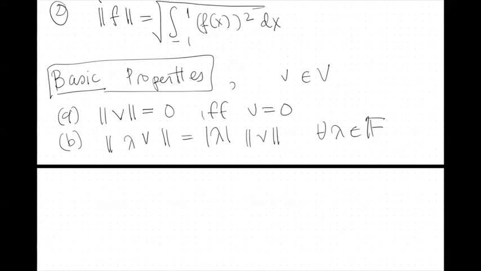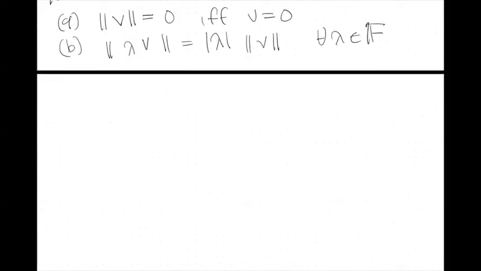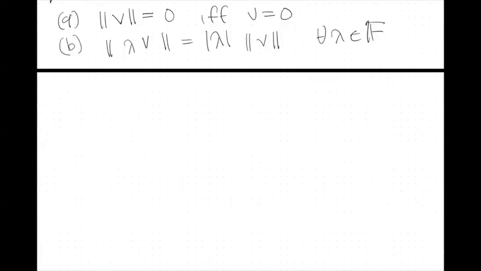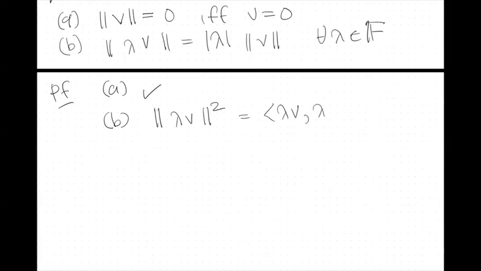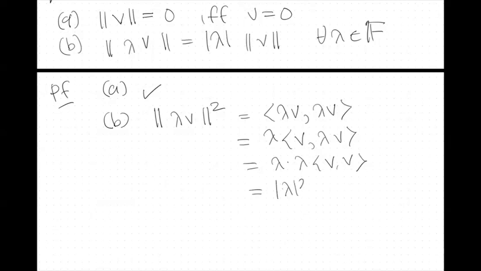Let me write this. Suppose v is a vector in an inner product space. The first one is easy. Second one is the following. The norm of lambda v squared is just the inner product of lambda v with lambda v. So this is just lambda and then v, lambda v. And again, we get lambda here and then lambda and then v, v. This is lambda squared times the norm of v squared.